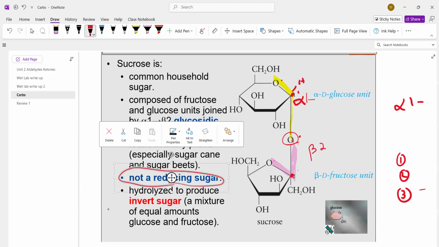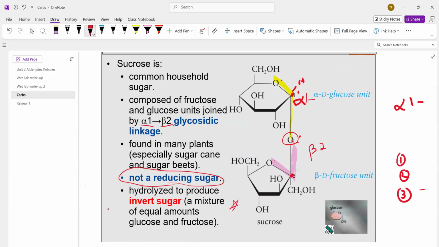By the way, this is the danger, this fructose on the bottom, when you're eating table sugar, because there's an enzyme that will free up these two, producing fructose. It's called sucrase. So sucrase will break that linkage and free up glucose and fructose.